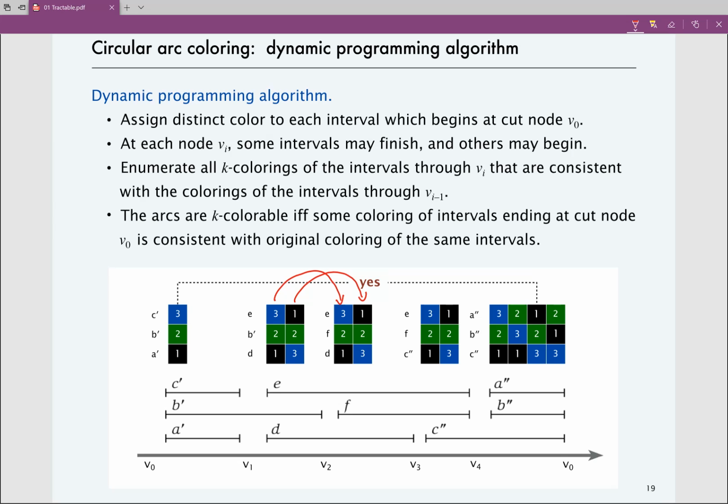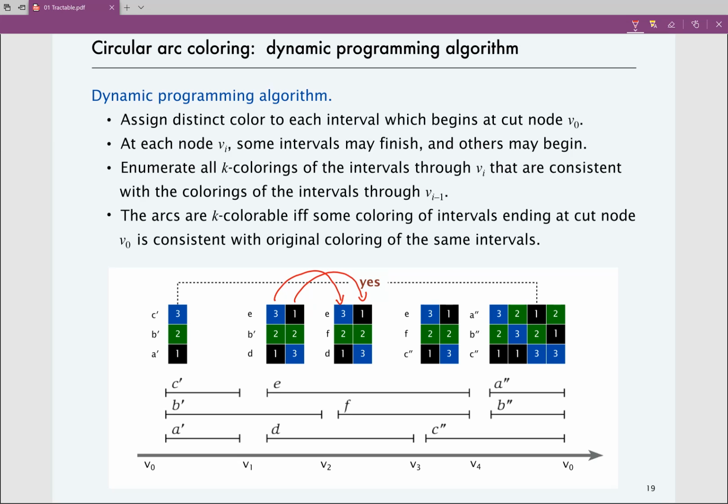All right, let's move on to V3. At V3, interval E continues from V2 to V3, and interval F also continues from V2 to V3. Therefore E and F have to have the same colors at V3 as they had in V2.